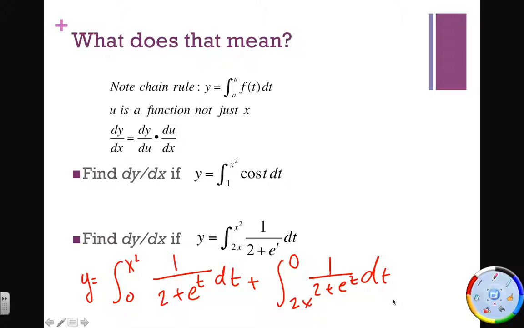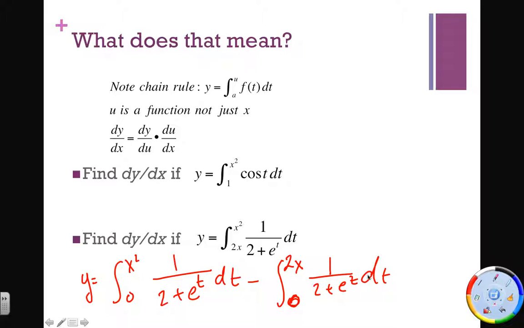Okay, so how does that help us? Well, what I'm going to do here is change this a little bit, because my fundamental theorem says from a to the function, not from the function to a. So I'm going to switch the order here, and I can switch the order. I can go from 0 to 2x as long as you change it to minus, because flipping the order actually creates the negative value.